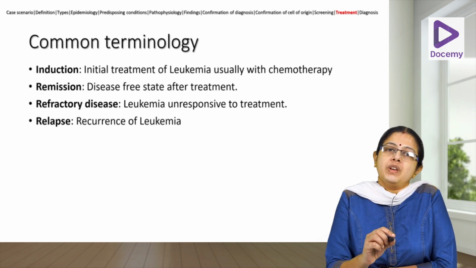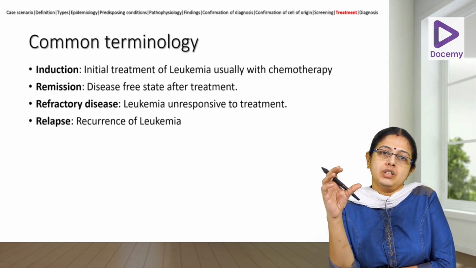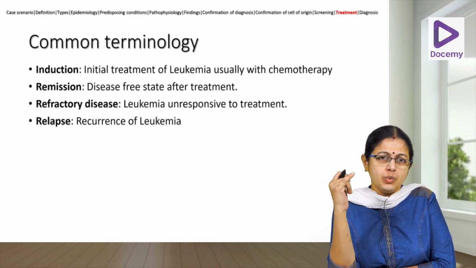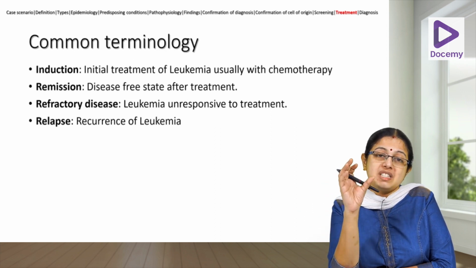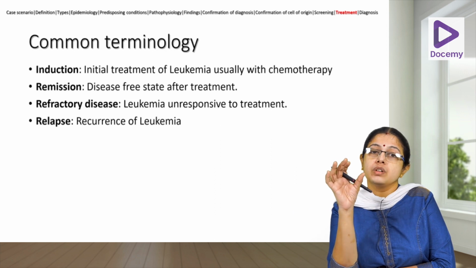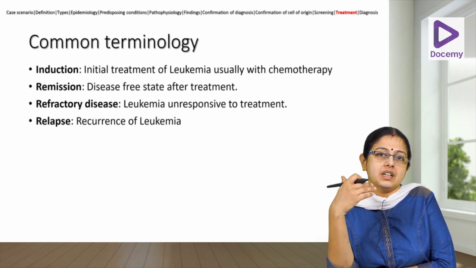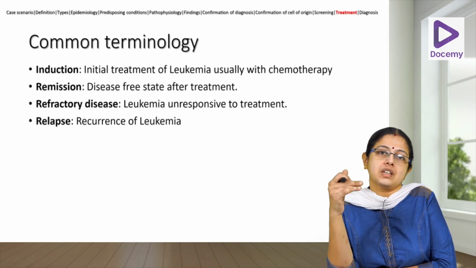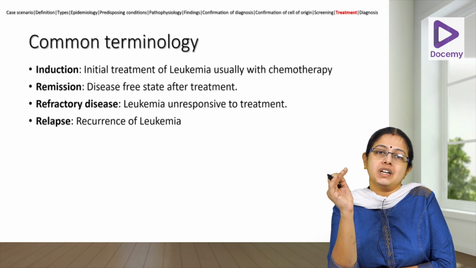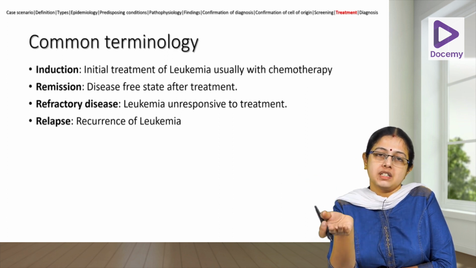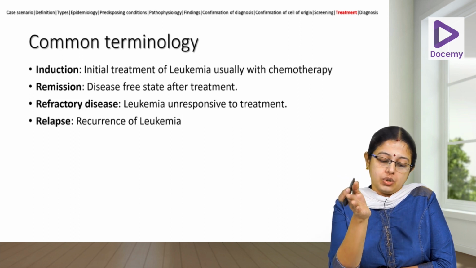Now, we need to be aware of a few terminologies which are commonly used in leukemia. One is induction. Induction means the initial treatment of leukemia. It is usually with chemotherapy. The induction is one of the most important parts of the treatment, which, if successful, the patient goes into remission.